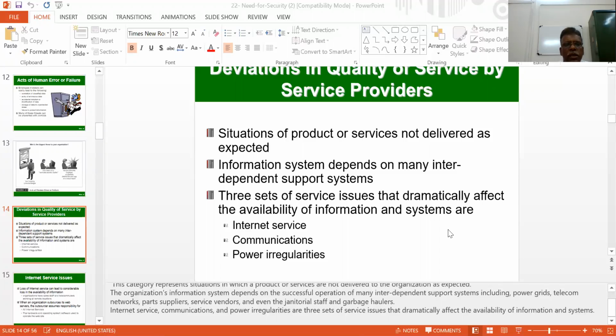One is internet service communication, communication with respect to telecom and teleservices, which are the backbone. We also require backup for power regularity. These are some of the standard deviations, after manpower failure.